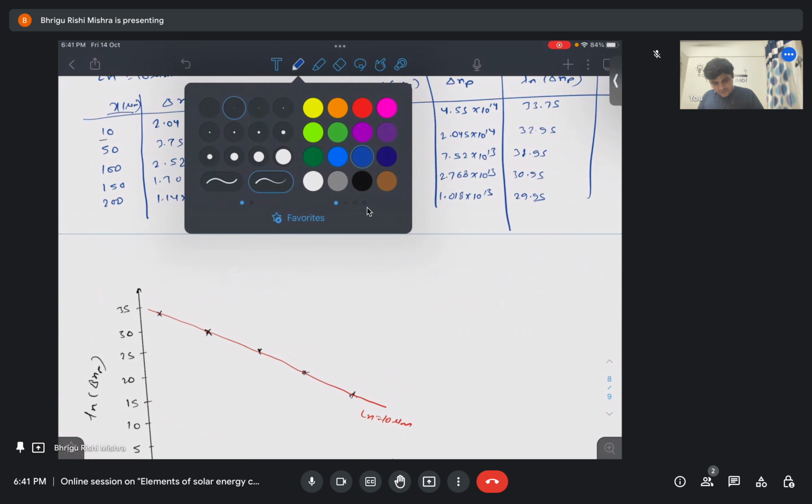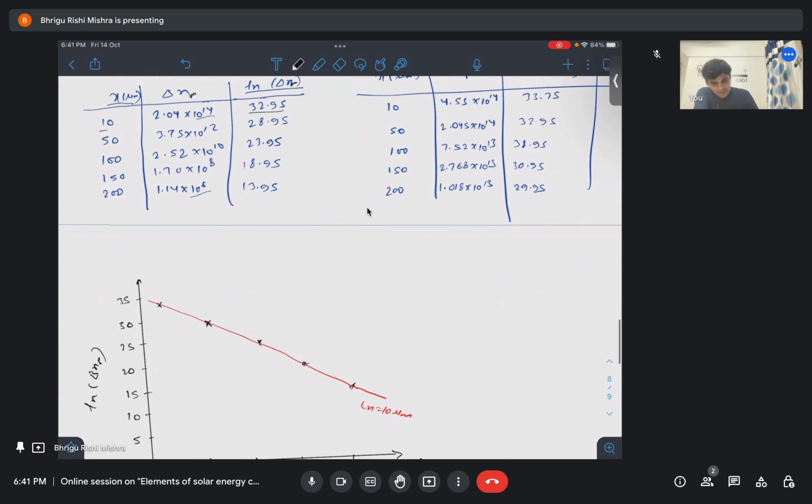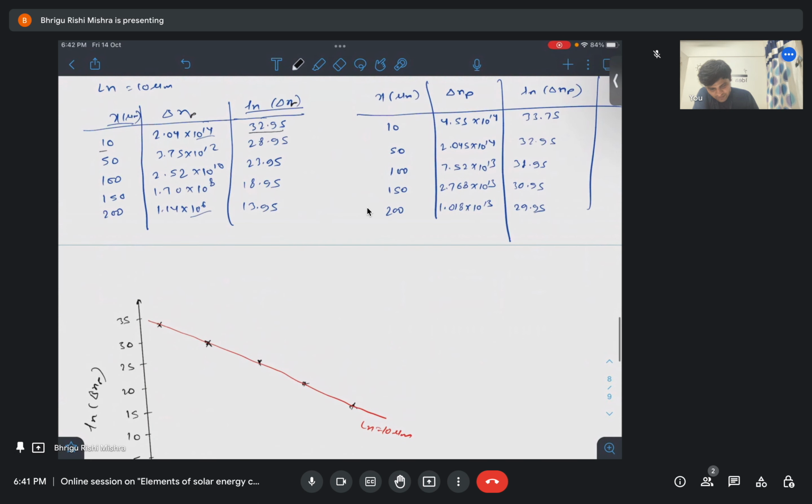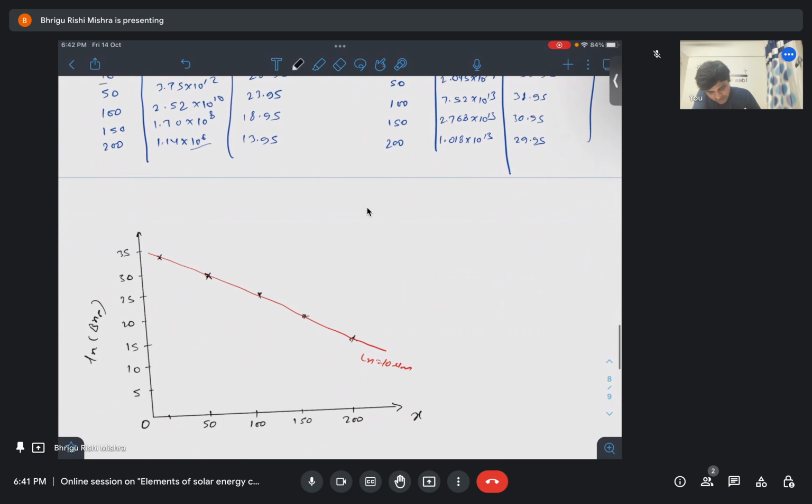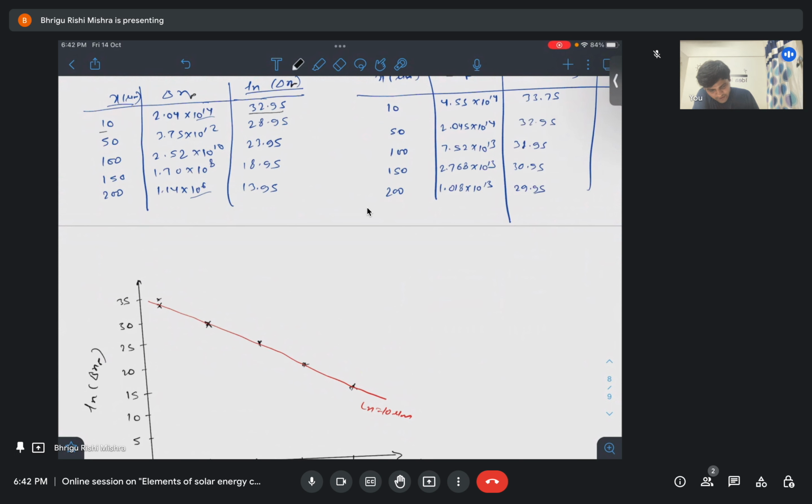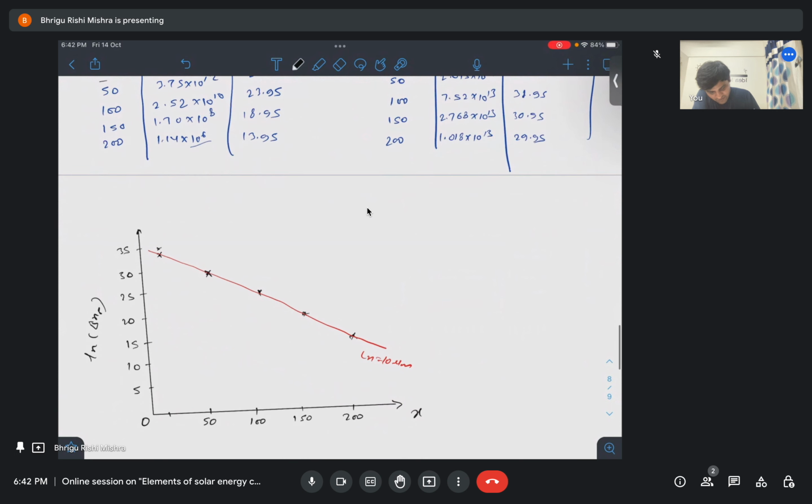Okay, so let's plot the values. So at 10 it is 33.75, so it will be just above this one. Okay, and then at 50 it is 32.95, somewhere here.